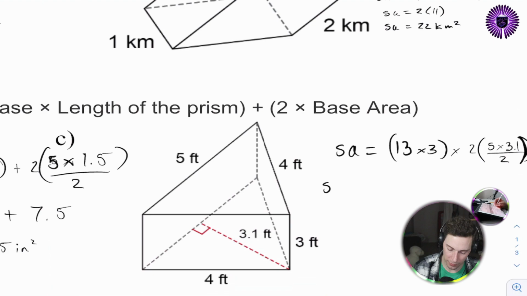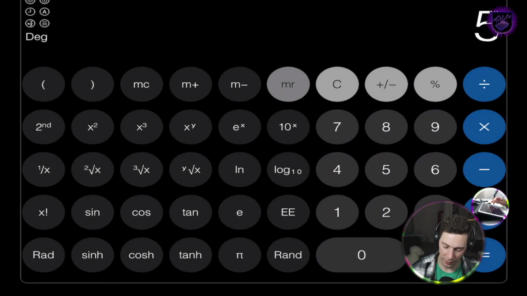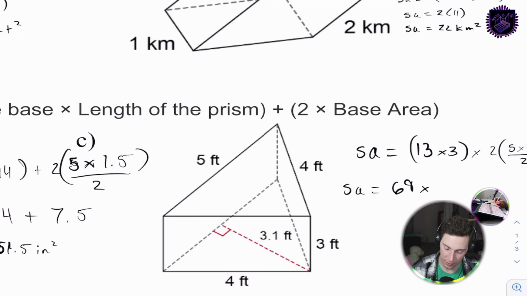Now, surface area will be equal to 69 plus 5 times 3.1 divided by 2. 5 times 3.1 divided by 2 is equal to 7.5, times 2, 15.5, plus 15.5.